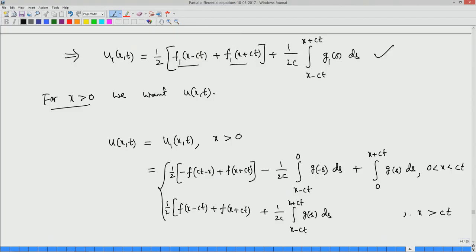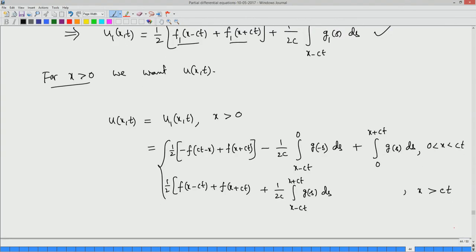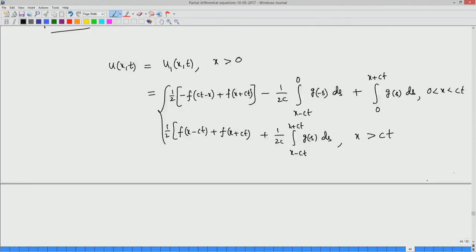Because when you split it, between x minus ct to 0, s is always positive, that is why I replace g1 of s by g of s only. Similarly from 0 to x plus ct, s is still positive. So combining it together, there is no negative sign. So for x greater than ct, this is what you get.